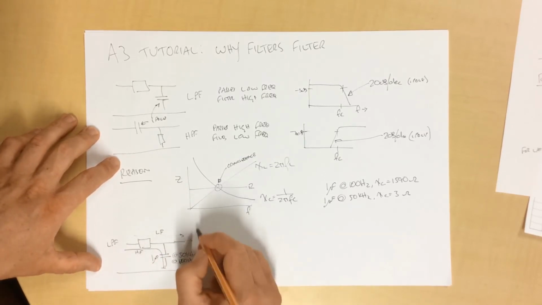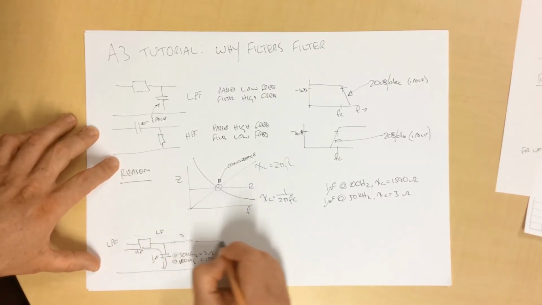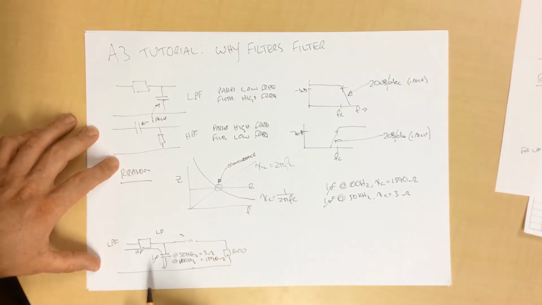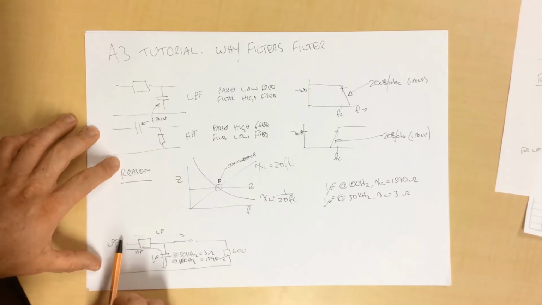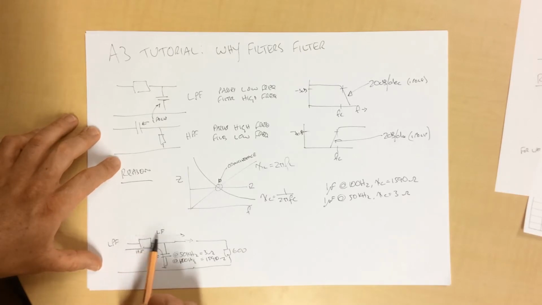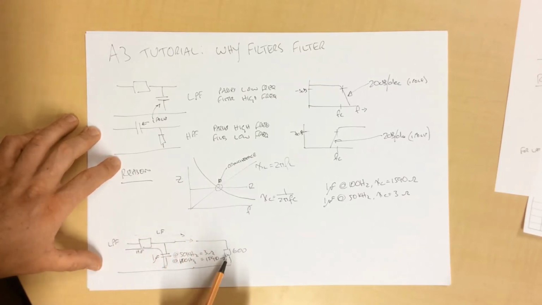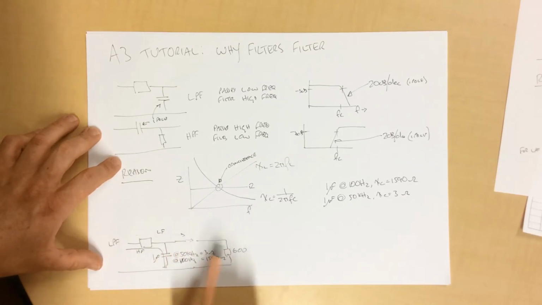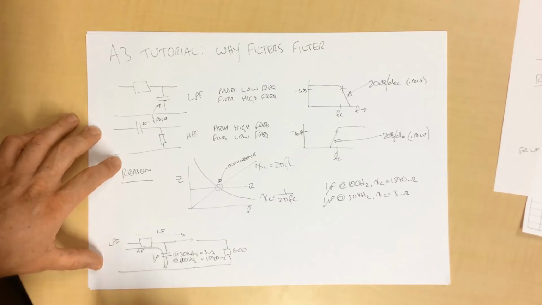If we were to say that this was going into a 600 ohm load, a signal at 50 kilohertz, given the choice, is going to go through a 3 ohm path rather than a 600 ohm load. Similarly, the low frequencies will rather go to 600 than go into 1590.